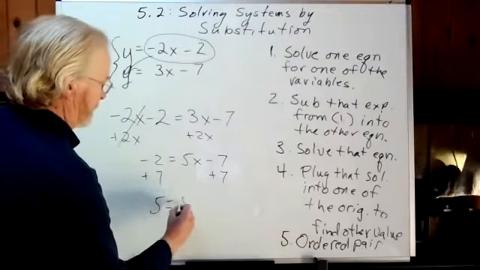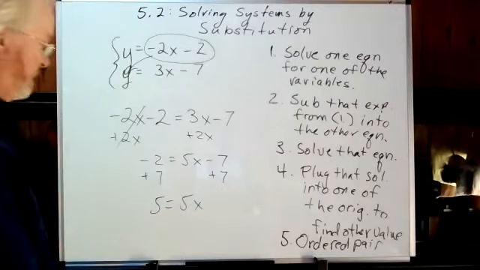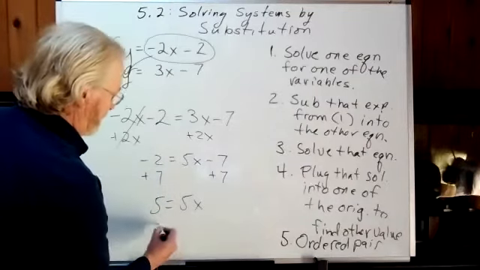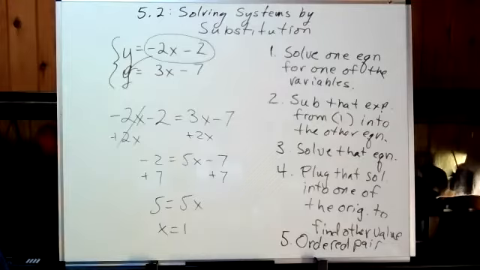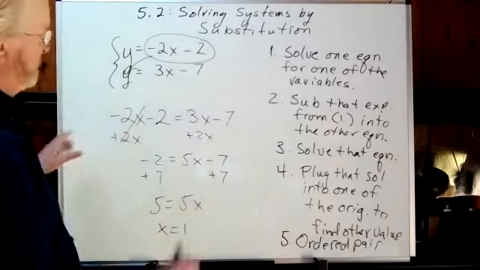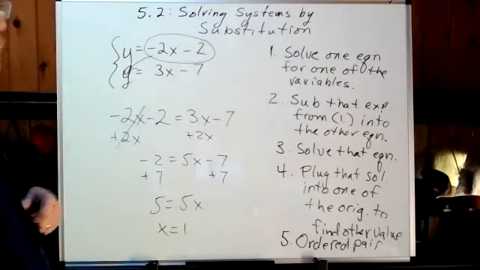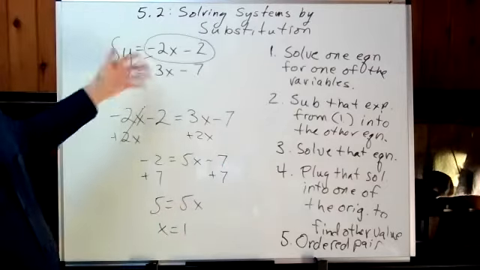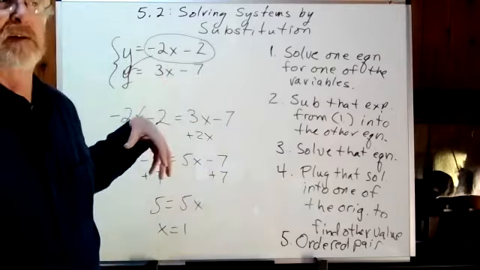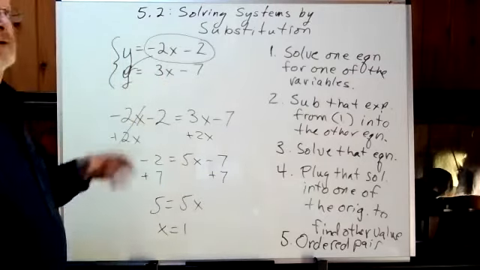And there I get down to 5x equals 5. If I divide by 5, I get that x equals 1. So there was the substitution, solving the equation, and I got my x value. I have to go back and figure out what the y value is. Choose one of the originals, or if you've rearranged one of the equations so that it's solved for that other variable already, you could use that.